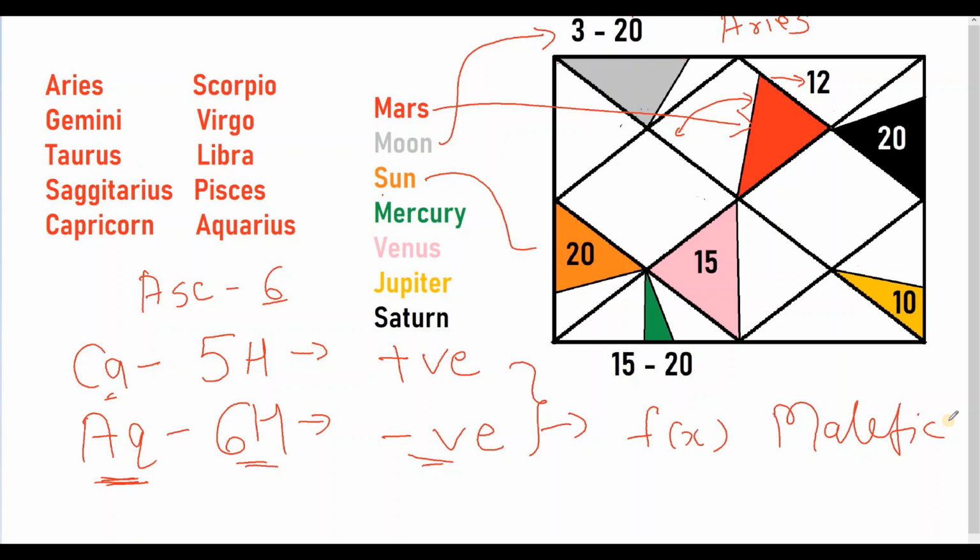taught. If we get a planet which is ruler of a very positive and a very negative house, we are always told that, say in this case, Saturn is a great benefic because it is the lord of fifth house, and Saturn is a big malefic because it is the lord of sixth house.